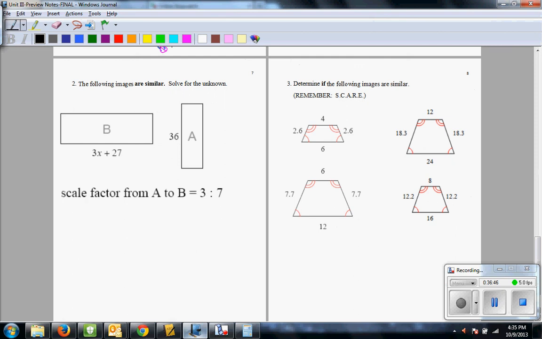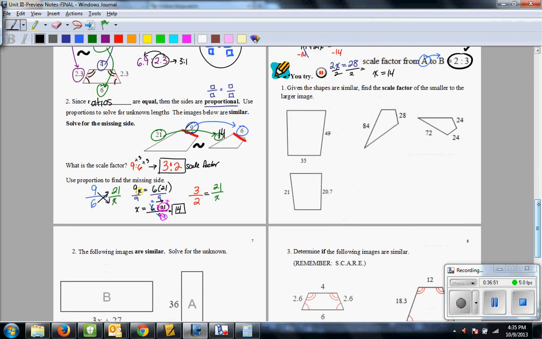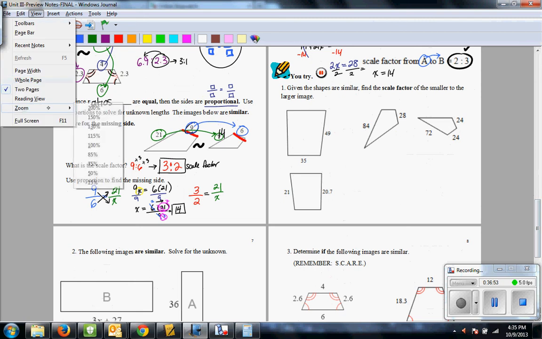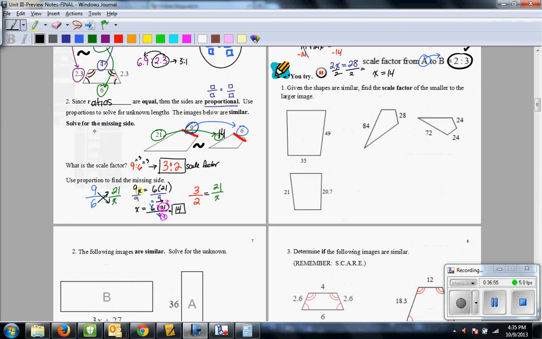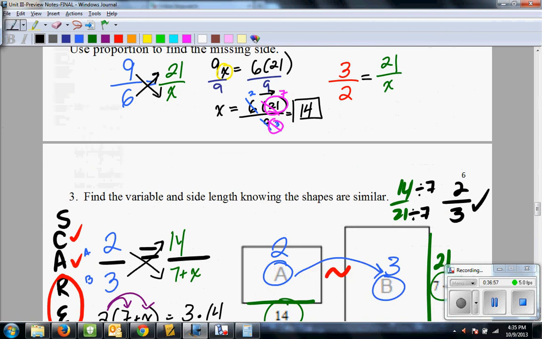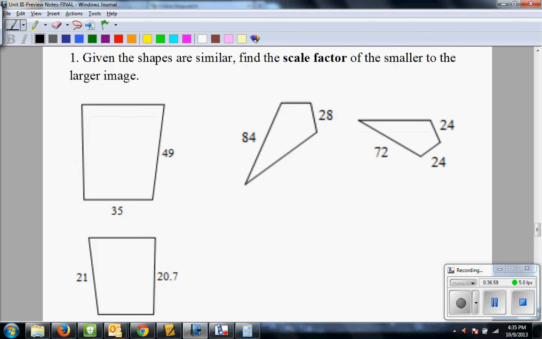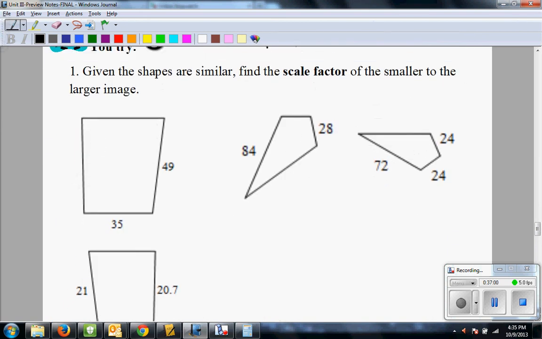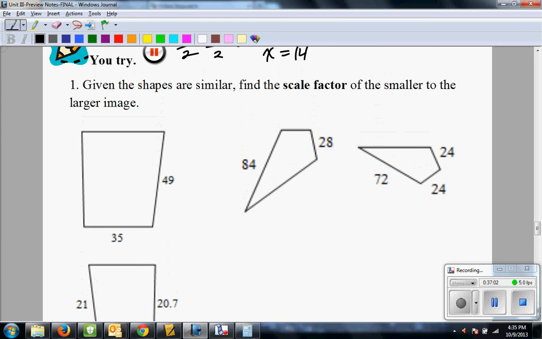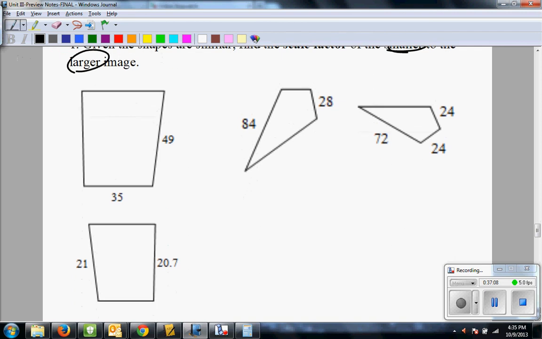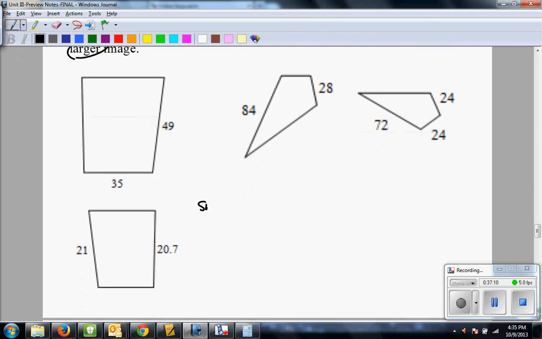Okay, students, let's check your work here. Taking a look here, it says, given the shapes are similar, find the scale factor of the smaller to the larger. So we're going to go from smaller to larger, so we start just by writing small to large.